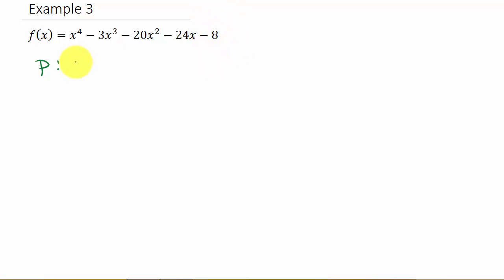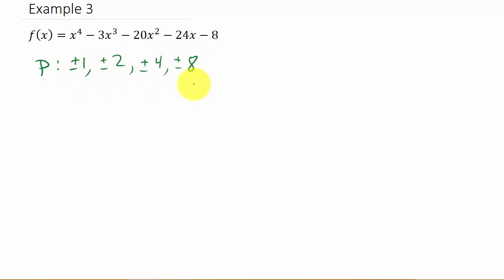Well, a 1, but we have to do plus or minus, because 1 times 8, and then what else? 2 times 4, plus or minus 2, and plus or minus 4, and plus or minus 8. These are all the factors of 8.